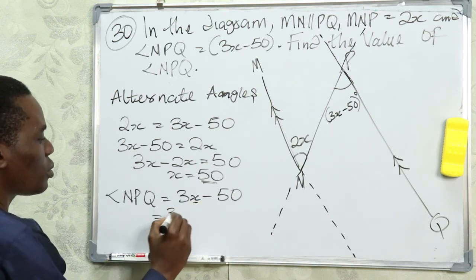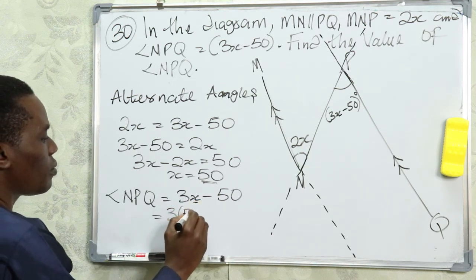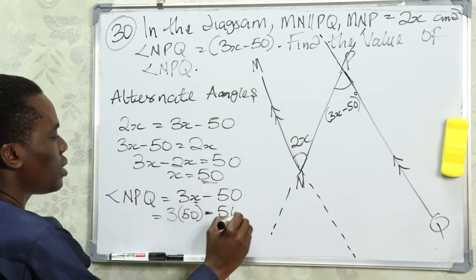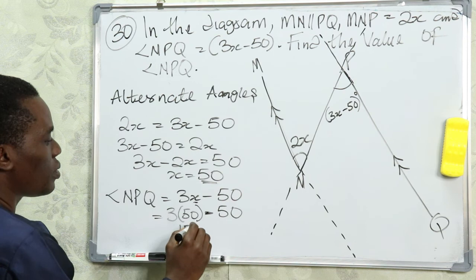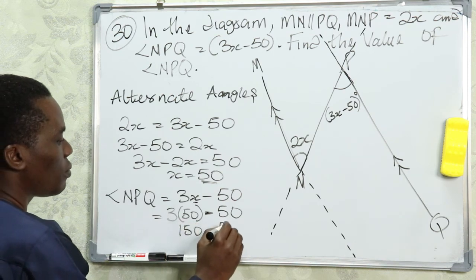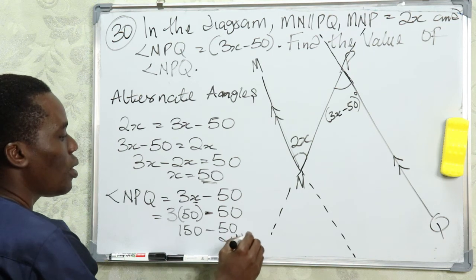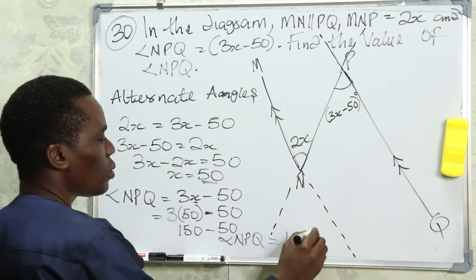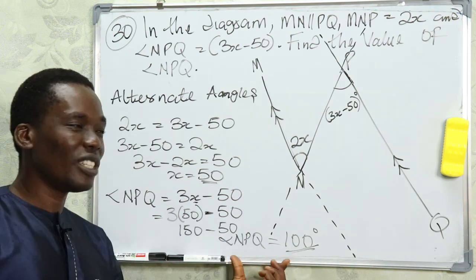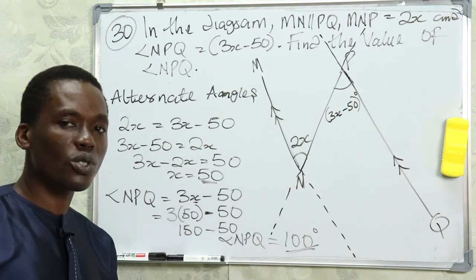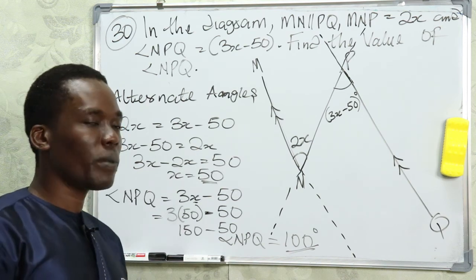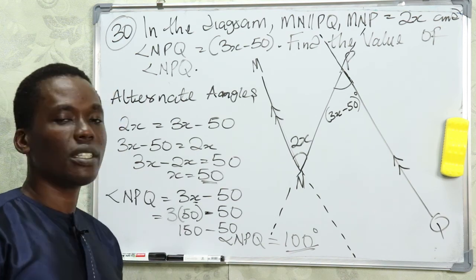So that will give us 3 times 50 minus 50, and this will give us 150 minus 50. So that means angle NPQ is equal to 100 degrees.